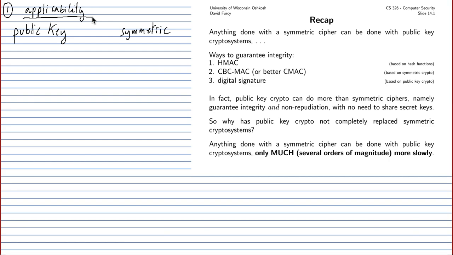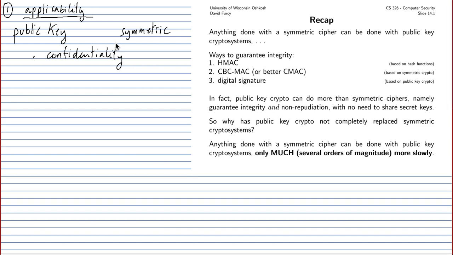So remember, the main goals of security are, one, confidentiality, which we achieve by using encryption decryption algorithms. And in this case, everything we could do with symmetric crypto systems could also be done using public key crypto systems.